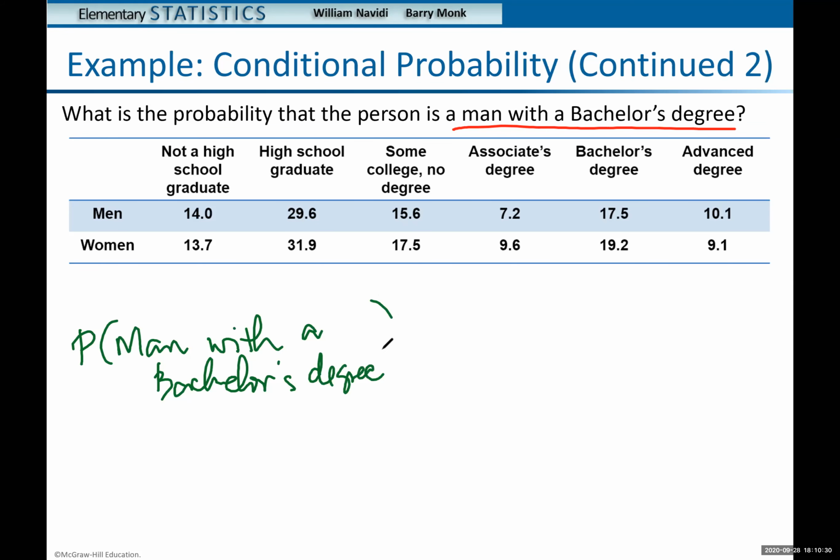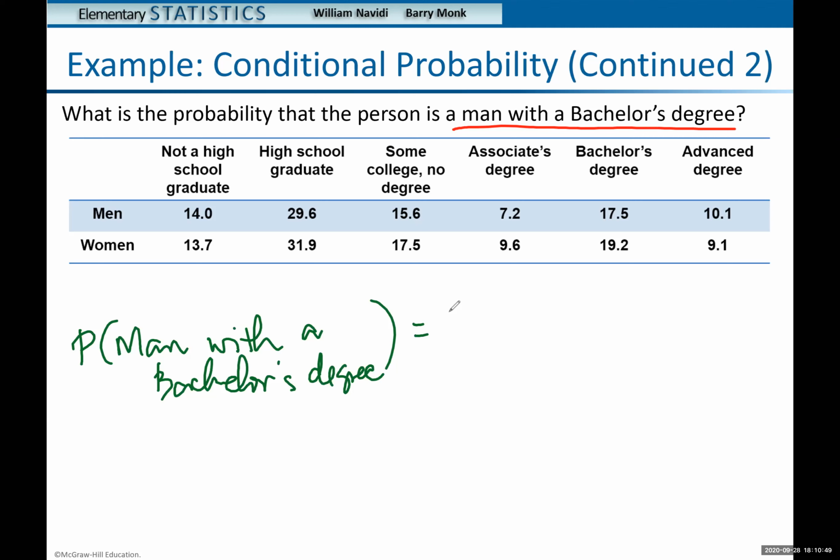So the probability that it is a man, plus the probability they've got a bachelor's degree, minus the man with the bachelor's degree union.